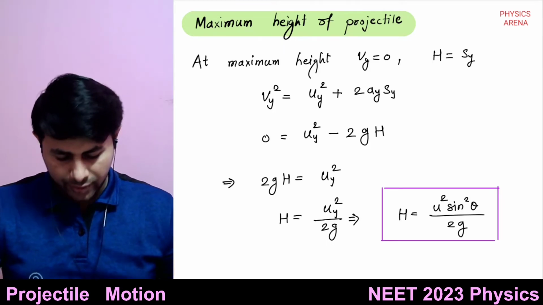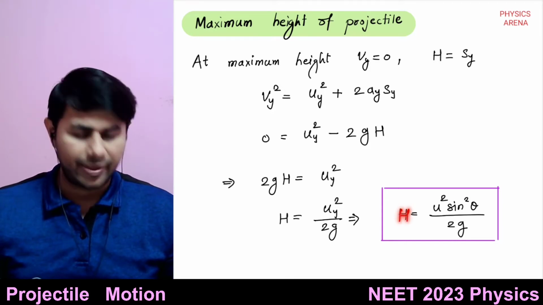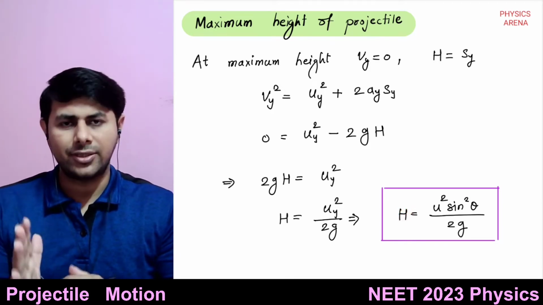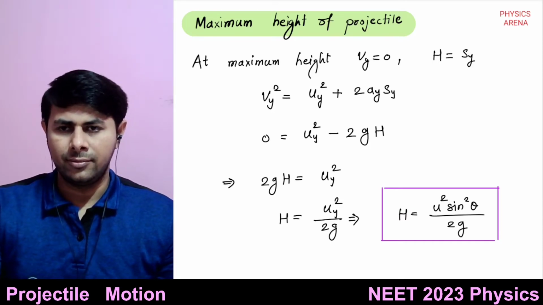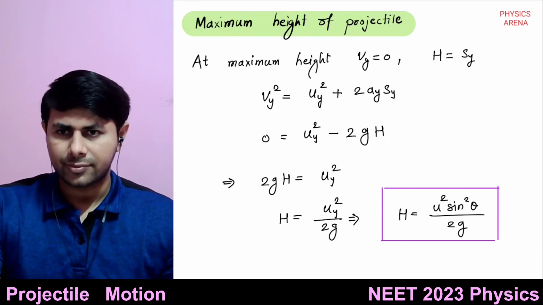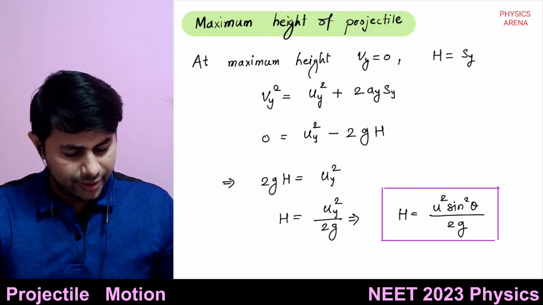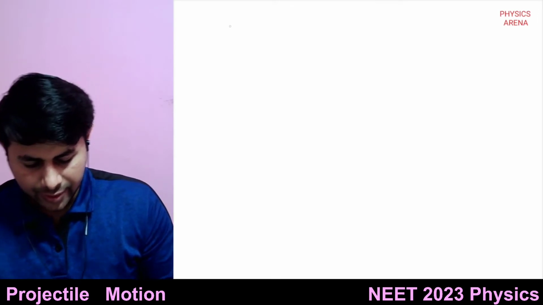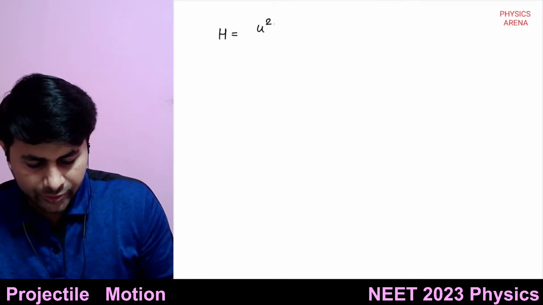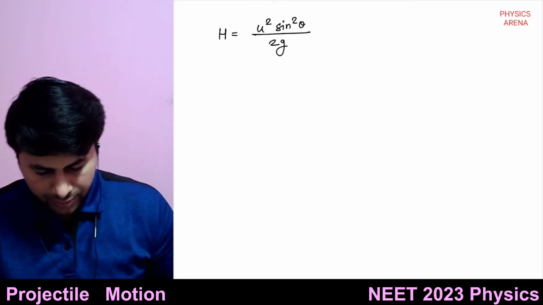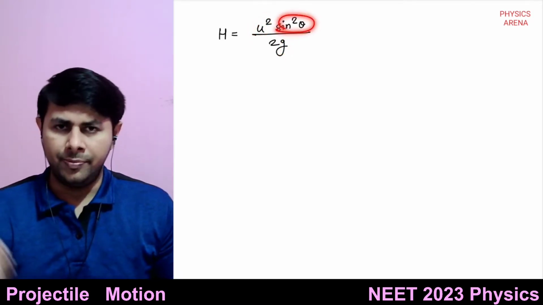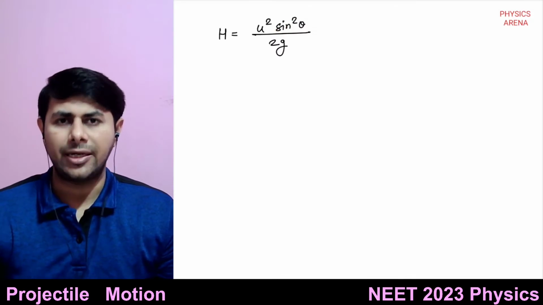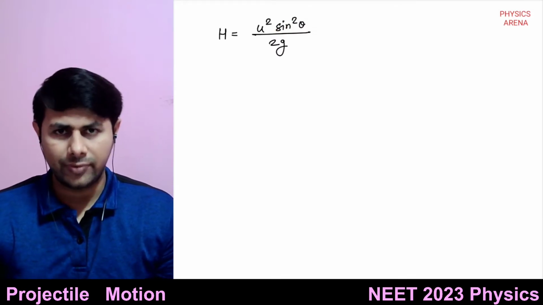Okay. So now, at what angle with the horizontal will this height be maximum? Tell me. 90 degrees. So in this equation, for the maximum height, you have u square sine square theta divided by 2g. So u is constant, g is constant. So theta can change. The maximum value of sine theta is equal to 1.